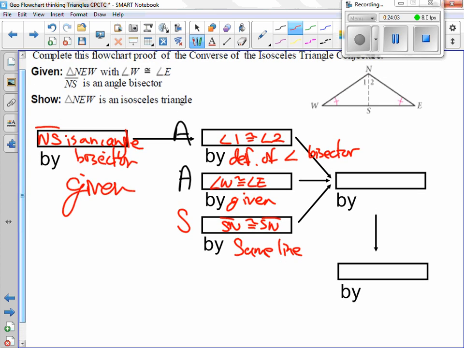Do I have enough information to say that the two triangles are congruent? Yes. You could also say that WS and SE are congruent, with the line of an angle bisector. Not necessarily. It was a median before, because you'll end up seeing this after Thanksgiving break. A median is a line that connects the midpoint to the angle opposite the line. So that's why we could use it for a median, because the definition of a median says it's the midpoint to the angle.